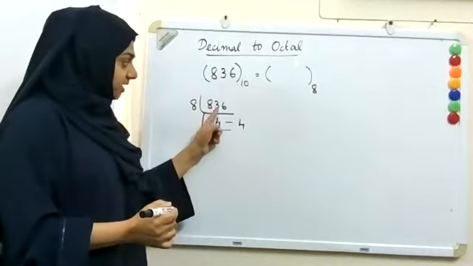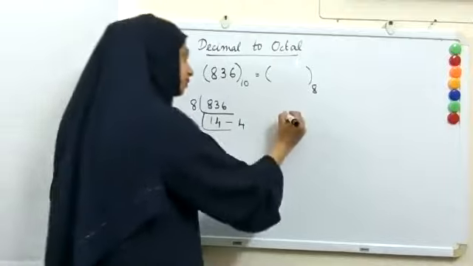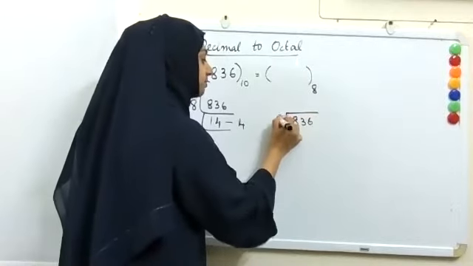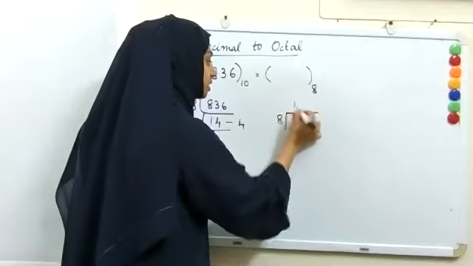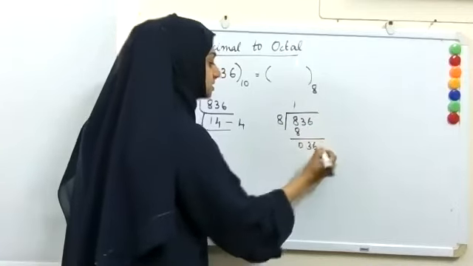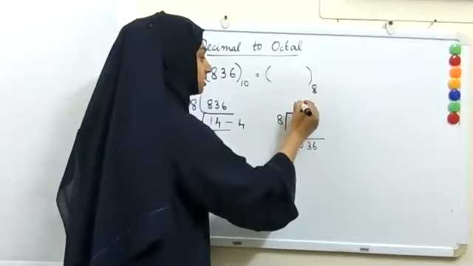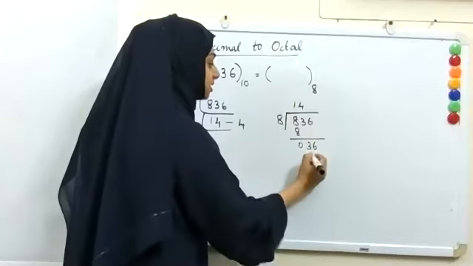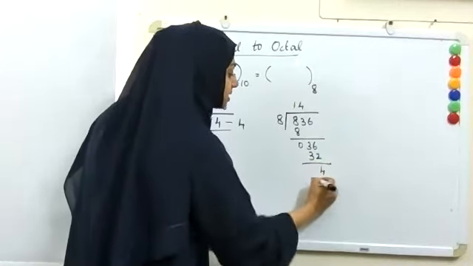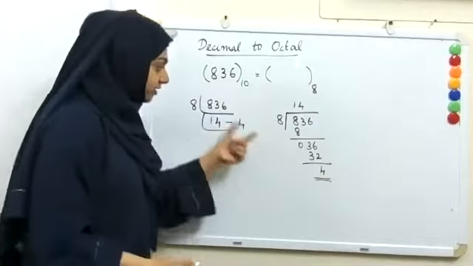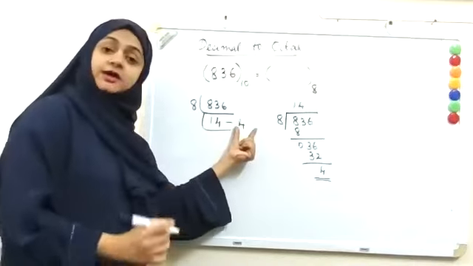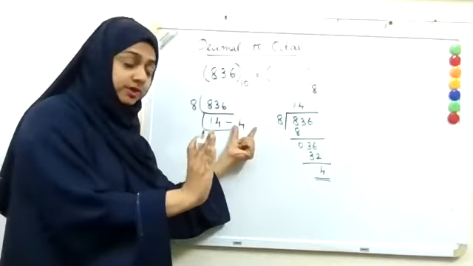You can do it like this as well: 836 divided by 8. 1 times 8, 0, and 36 is there. 8 fours are 32, so we write here 4, 32. So the remainder is 4. I have written the quotient here, 40, and the remainder I have taken out and kept there.